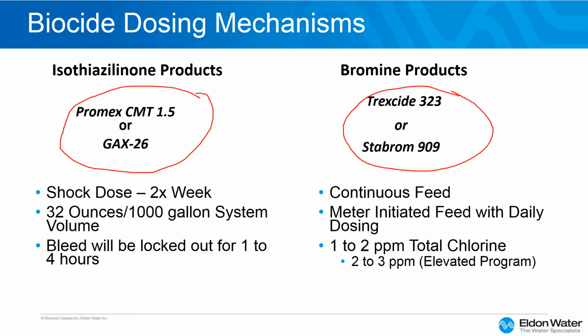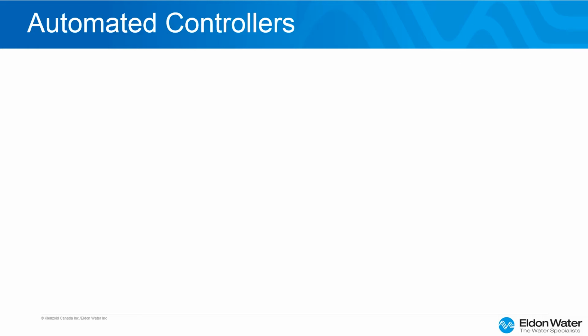That will help you maintain residuals in the shoulder seasons when you really don't have a whole lot of makeup. And just make sure you have fresh bromine going in there every day. Then we're going to have 2 bromine programs, a standard one, 1 to 2 ppm total chlorine, and then 2 to 3 ppm for your elevated programs. I'll touch more on that in a little bit.